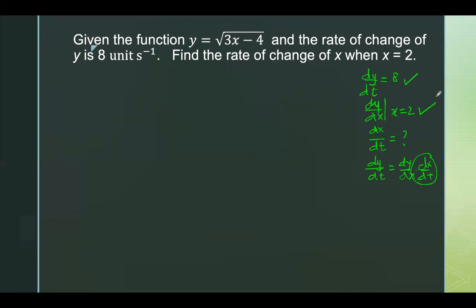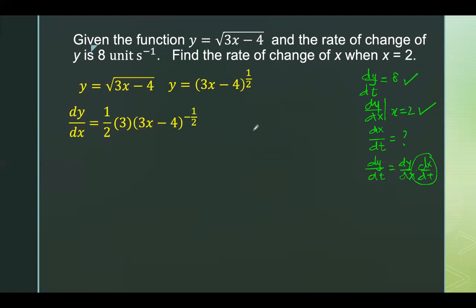Second step, we need to do differentiation. So y equals the square root of 3x minus 4. We change it into power of half so that we can differentiate. When you differentiate, we get 1/2 times 3 times (3x minus 4) to the power of negative half.